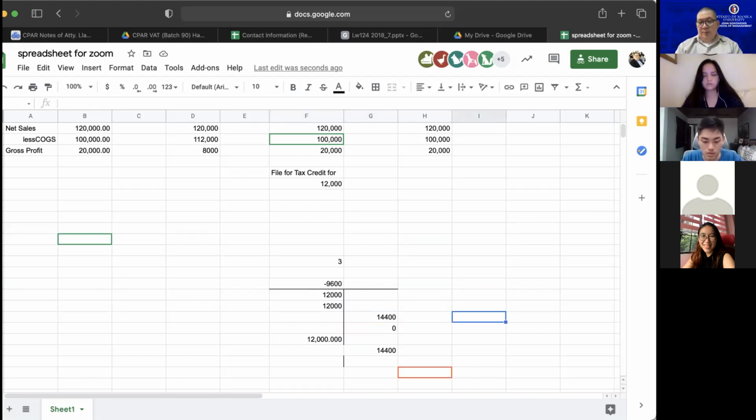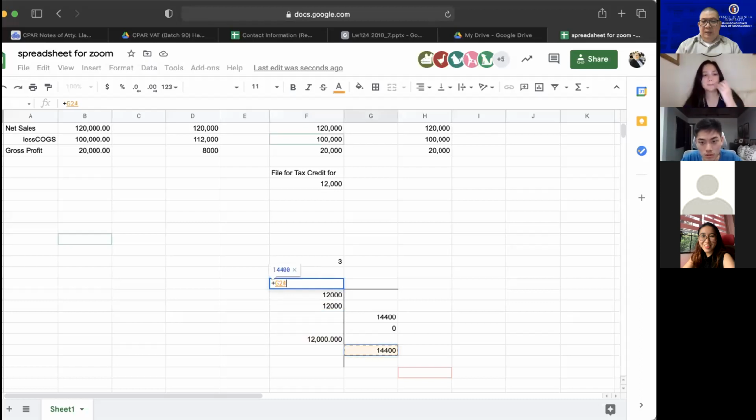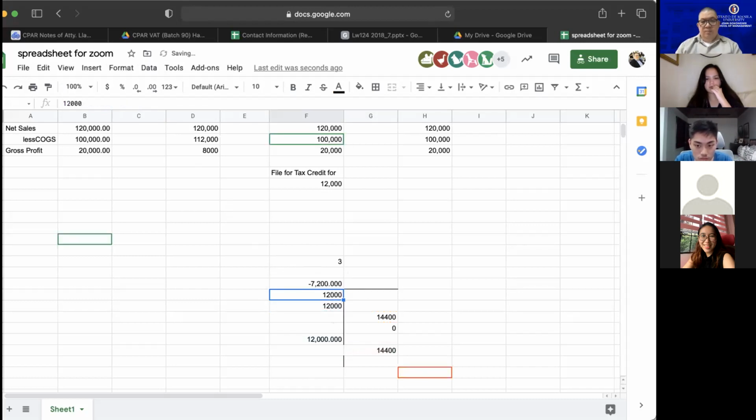Dapat 2,400, pero hindi ka rin magbabayad ng 2,400. Magiging 7,200, kasi minus 2,400 ulit. Hmm. 7,200. So parang bank account siya nag-accumulate.